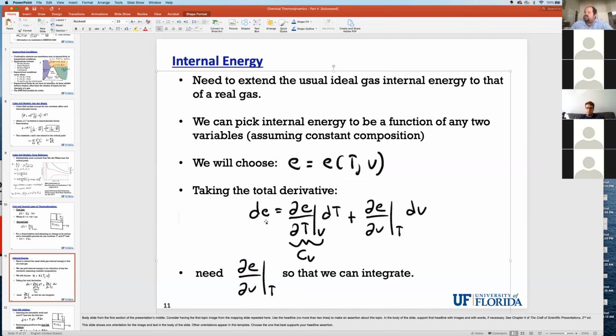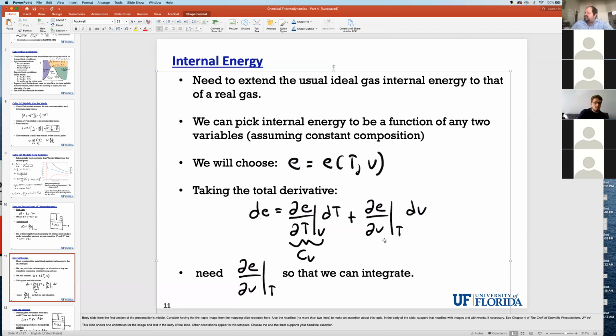So we know that dE is partial E partial T at constant volume times dT plus partial E partial V at constant temperature times dV. If you recall, by definition partial E partial T at constant volume is the constant volume specific heat, and that in itself is a function of temperature and volume.